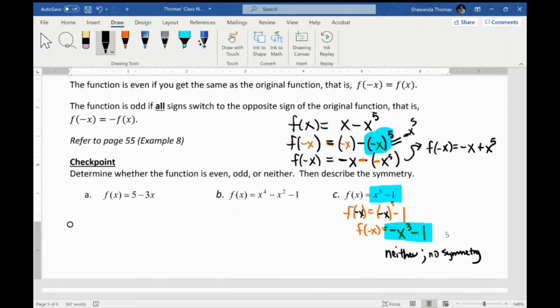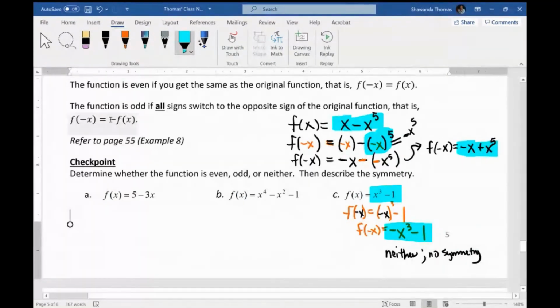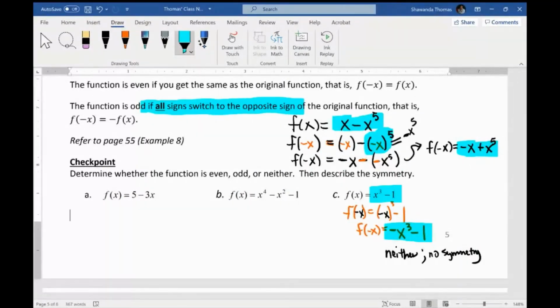Notice that the original was a positive x, now it's a negative x. Notice that the original had a negative x to the fifth, and now it is a positive x to the fifth. So it does satisfy that condition of all signs switching to the opposite sign of the original function. So yes, it is odd.